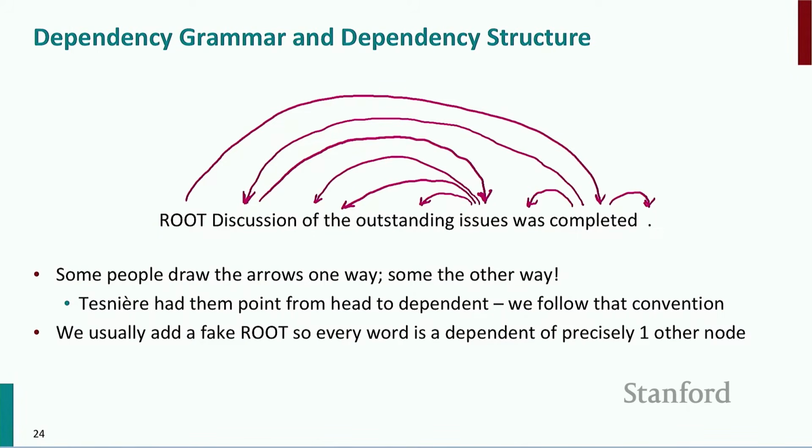Modern dependency grammar largely follows the work of Lucien Tesnière, a French linguist. He did the arrows pointing from the head to the dependent, and so that's what I'm doing today, but you'll see both. We said that normally you assume that you have a tree with a single root.